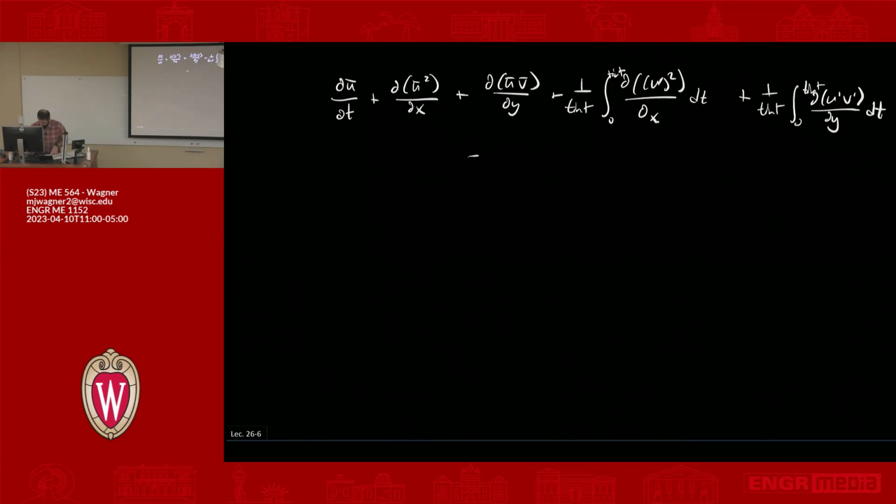And then that all equals, on the right-hand side, minus 1 over rho dp infinity dx plus kinematic viscosity times the second derivative of ū with respect to y.